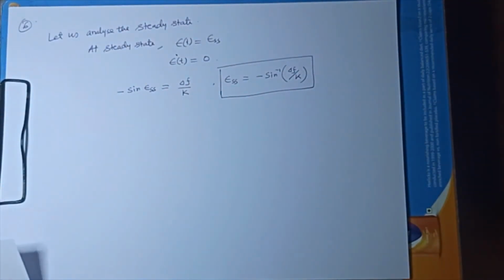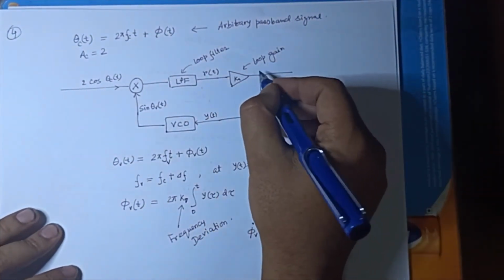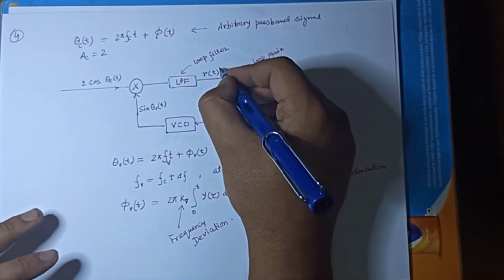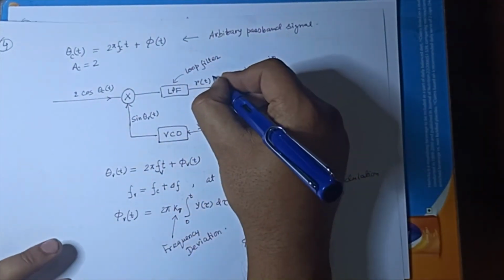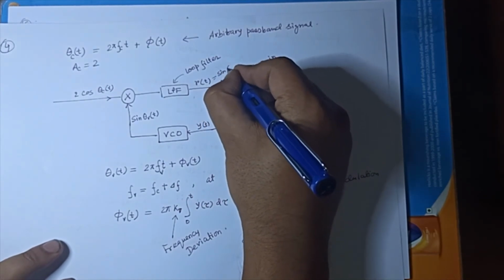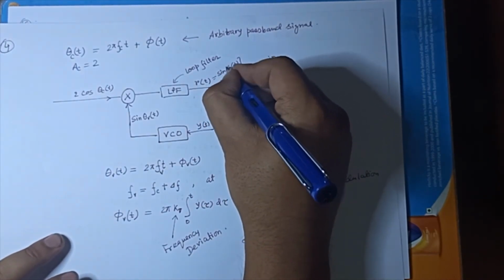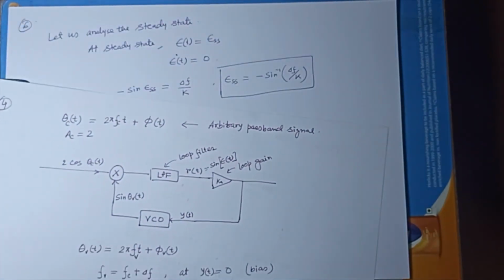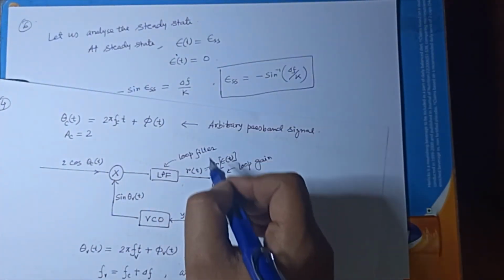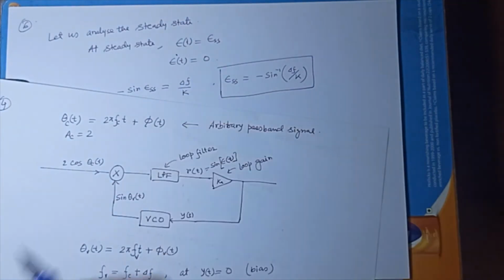So what you are getting here, r(t) is basically like sine epsilon t. So if epsilon t is small, this r is basically giving you the error. What r(t) you are getting: delta f by K. So you have to make delta f by K small.